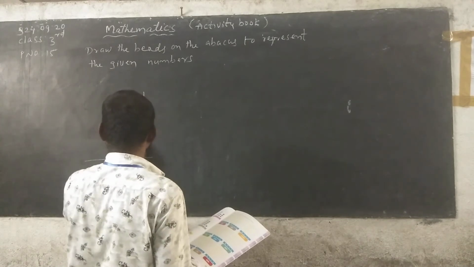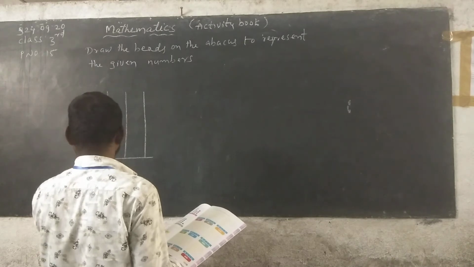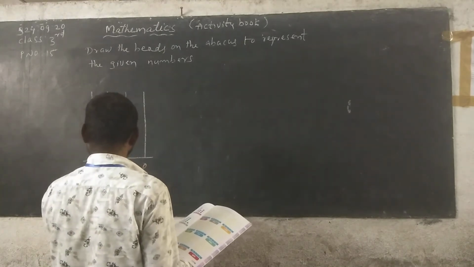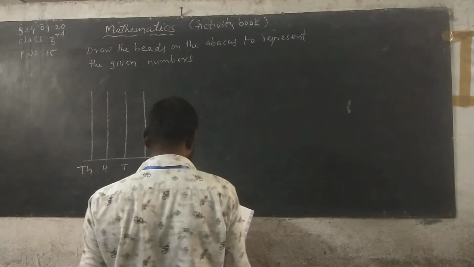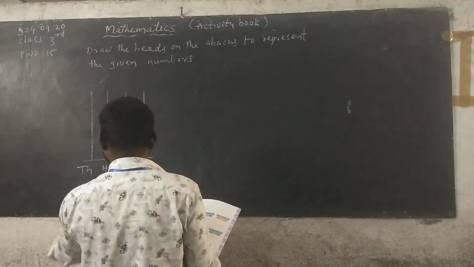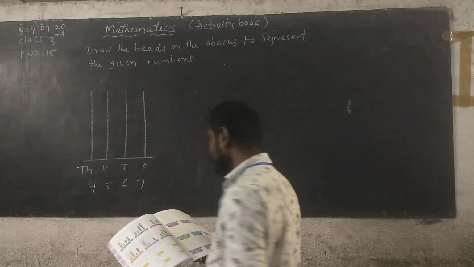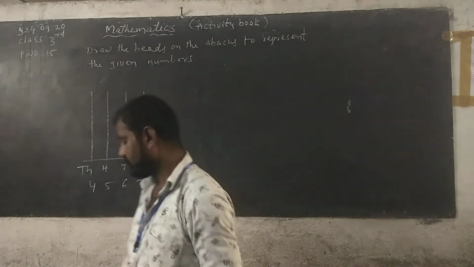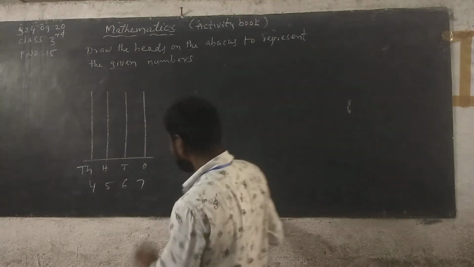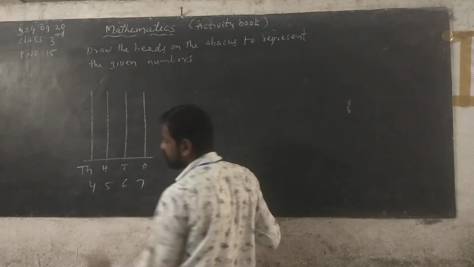Listen carefully. Ones, tens, hundreds, thousand. See here, 4,567. 7 is in the ones place, 6 is in the tens place, 5 is in the hundreds place, 4 is in the thousands place.